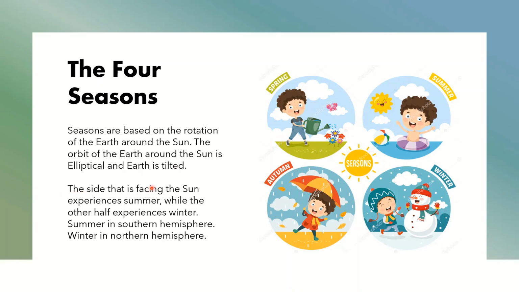So the side that is facing the sun experiences summer, while the other half experiences winter. Let's say summer is happening in the southern hemisphere, so winter will happen in the northern hemisphere.